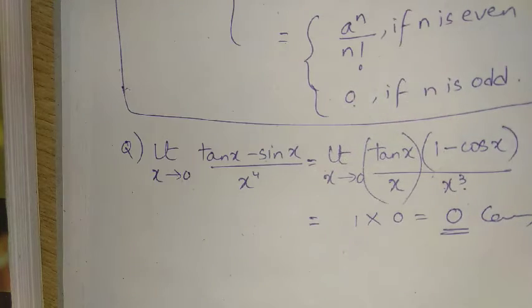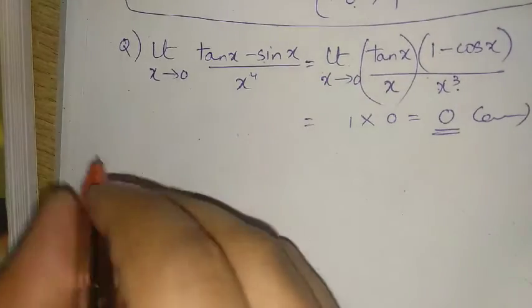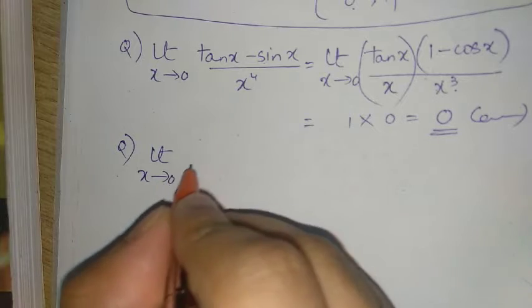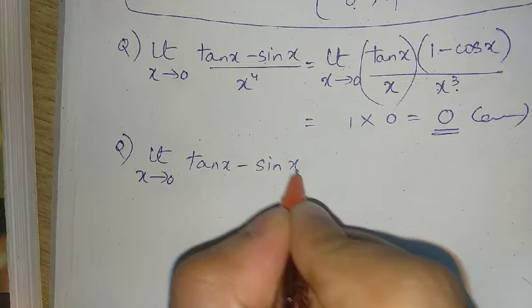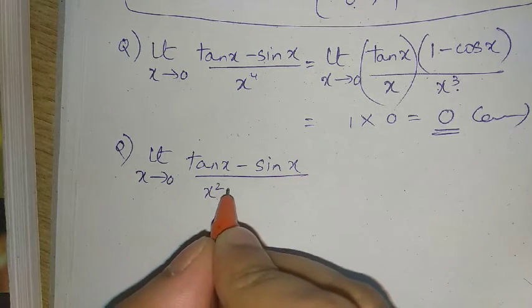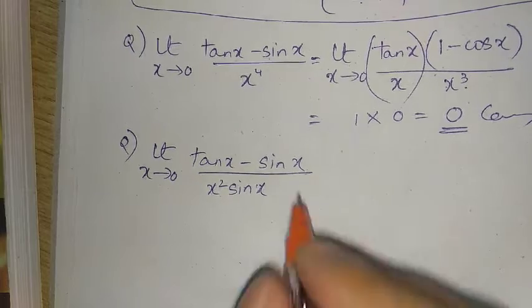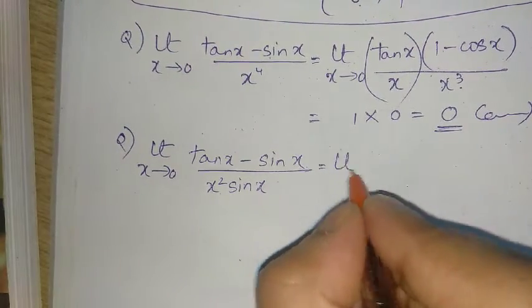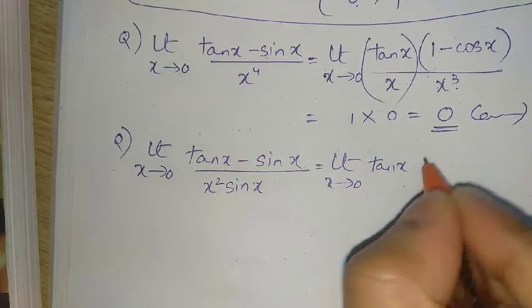Okay, the next question for us is limit x tends to 0 of (tan x minus sin x) divided by x square sin x. What we will do is convert it into 1 minus cos x form. Same as the previous question, we will take tan x common in the numerator.